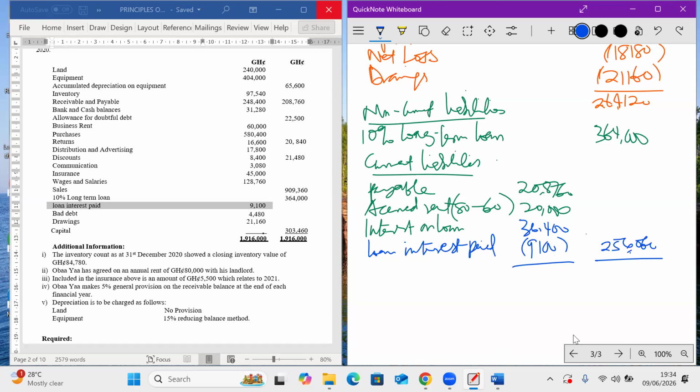Current liabilities and the capital together? No. Just the current liabilities. Current and non-current together? No. Current. Only the currents.